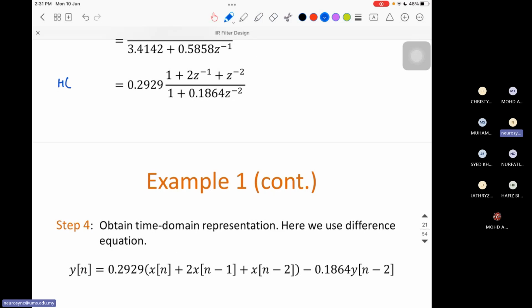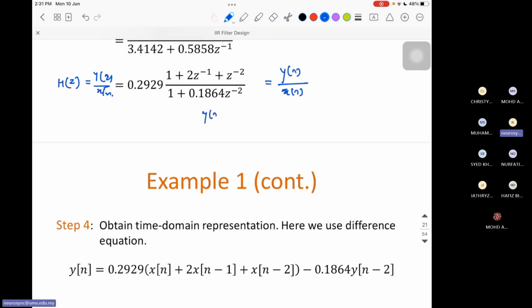H of z is equal to Y by X. So Y of n by X of n, and this term will go here.